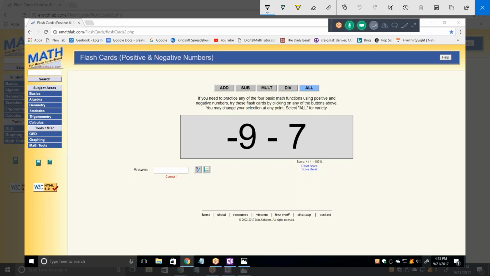This negative sign means subtraction. This negative sign means that's a negative 9. Okay? So what you want to do is change all of your subtraction problems to addition problems. I can do that by just making that read plus and changing the sign of what was being subtracted. So now, look what I have. Negative 9 plus negative 7. Nobody misses that.